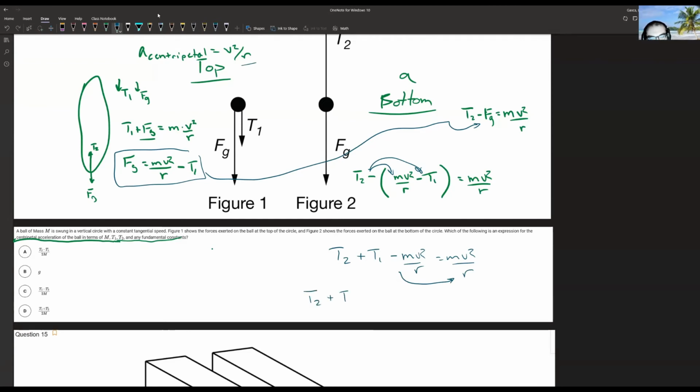T2 plus T1 equals 2mv squared over r, because we're going to add it over. It's the same quantity added to itself, which gives us 2 of that quantity. And we get v squared over r is T2 plus T1 all over 2m. So D, I think, is our best answer.